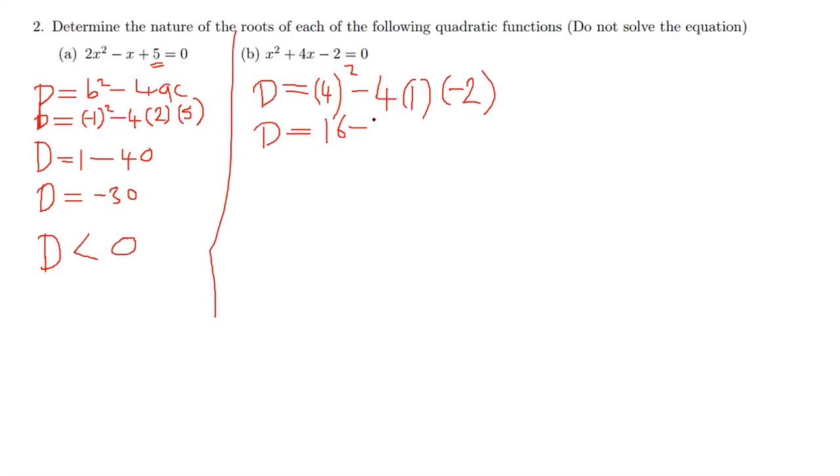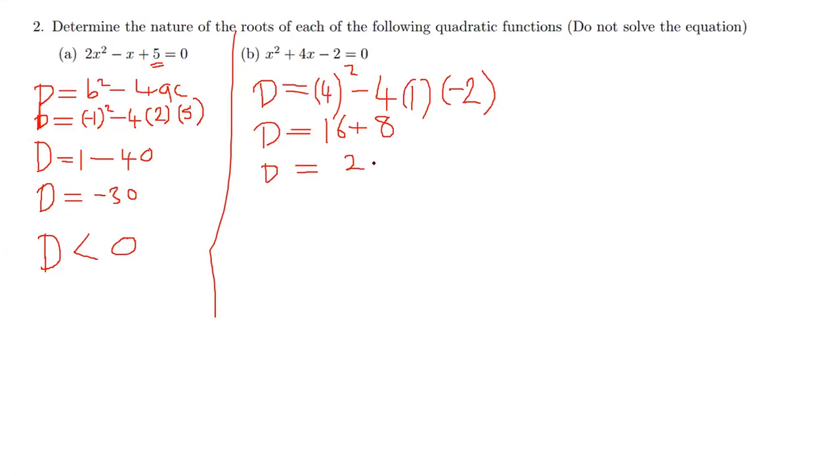Let me just say, -4 times -2, I'll get a positive number there, and then I'll get 8 there. So here it's just a matter of adding this. So 16 plus 8 will give us 24.